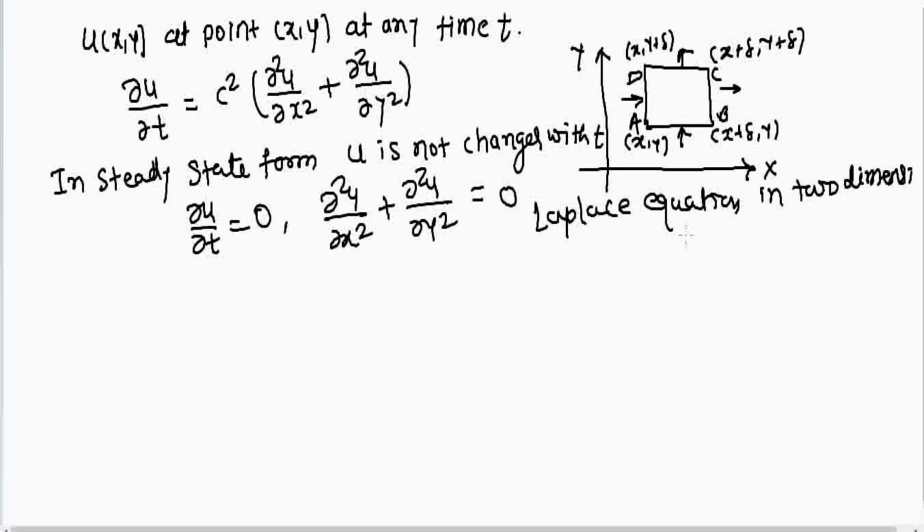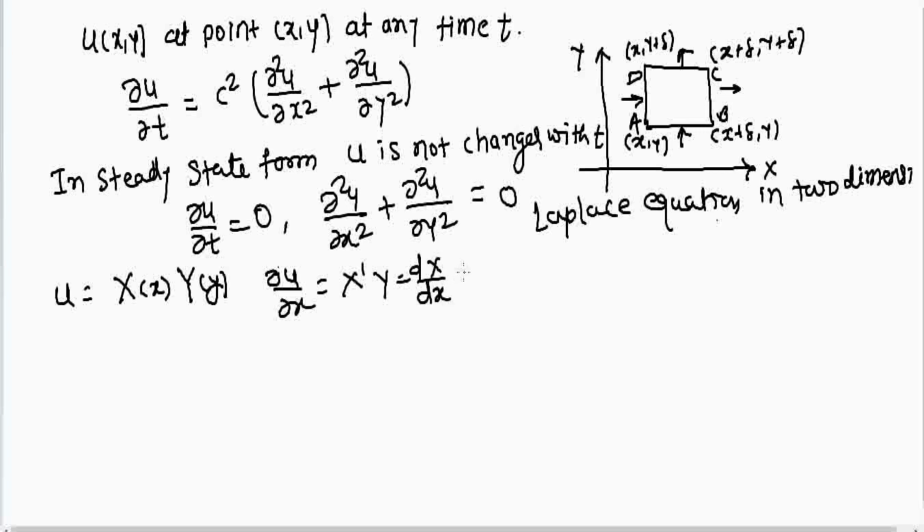We want to solve this equation. Here again we apply the method of separation of variables. Suppose u is a function of capital X and capital Y, where capital X is a function of small x and capital Y is a function of small y. Then del u by del x equal to X dash Y, where X dash means dX by dx.